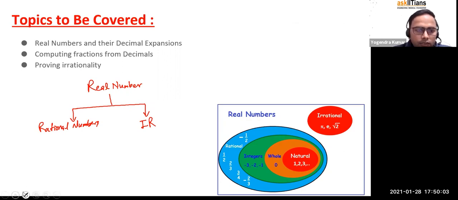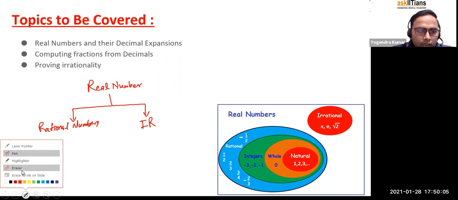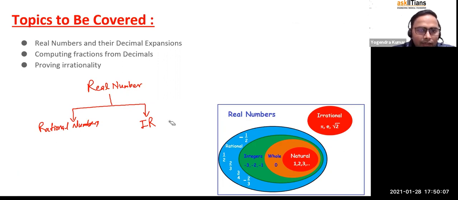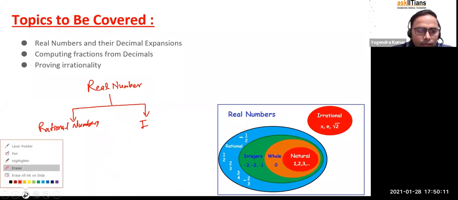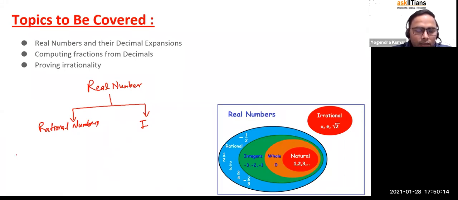I wanted to confirm that real numbers are rational plus irrational. Whatever numbers we are talking about in mathematics, those are either rational or irrational.